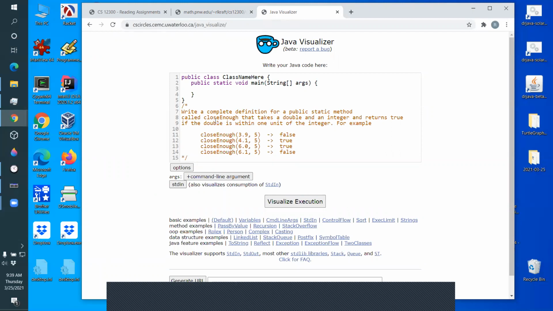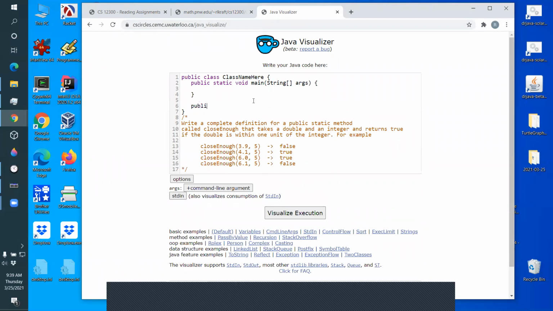It says write a complete definition for a public static method. So we're going to write a public static method called closeEnough that takes a double and an integer. That means this has got inputs now.